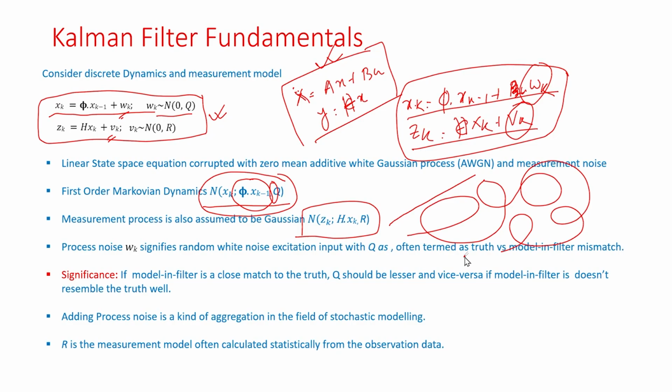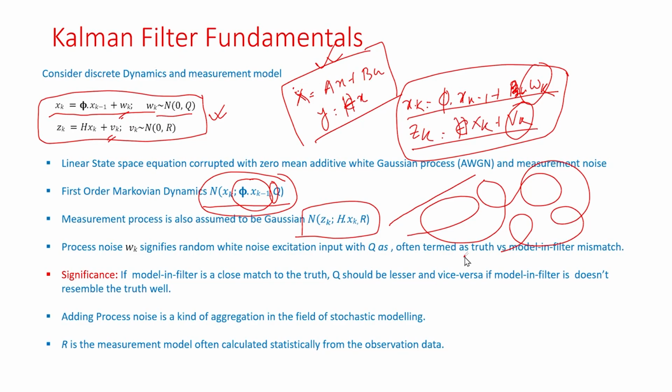R is normally very straightforward. R is actually your measurement noise, whichever measurements are coming. You take the measurements and then fit them with some kind of least squares or autoregressive moving average curve.